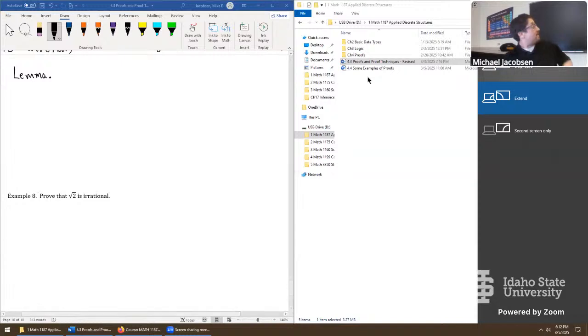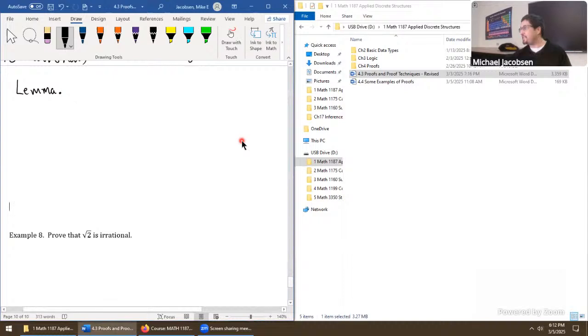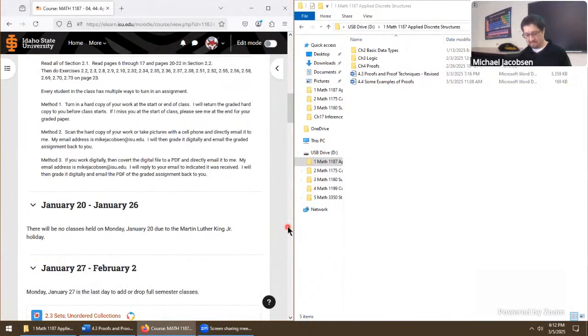Okay, that's extend. That looks like the right area. Now back to duplicate. And I think that looks right now. Some of the windows look a little bit messed up, but that's the right screen space. Sorry about that weird distraction there. No help doing a lecture when you can't even see what's going on. Just a double check. Yeah, you bet. And let me get these windows back where they were.